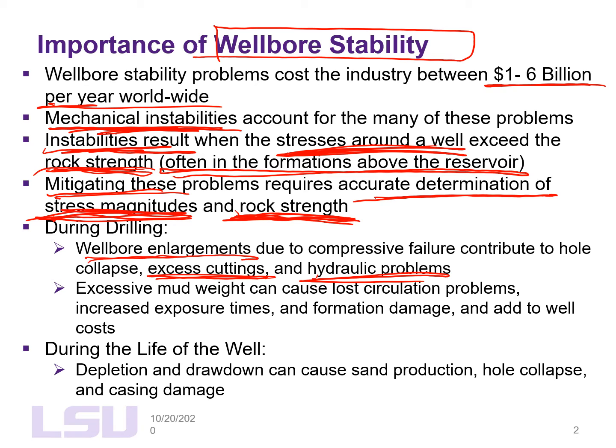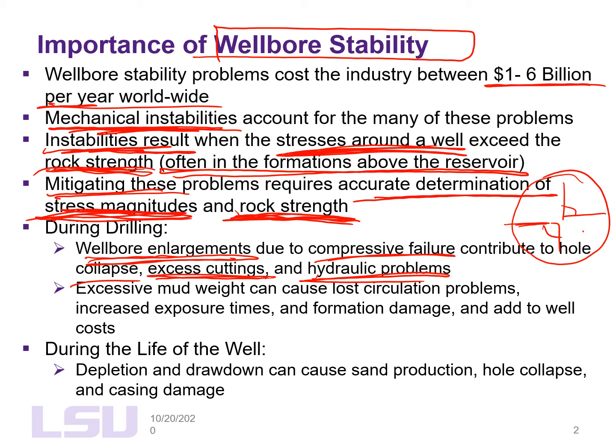During drilling, wellbore enlargements due to compressive failure contribute to hole collapse. So if the wellbore breakout angle is so large, right, then you will have a general enlargement of the wellbore, and that could lead to serious drilling issues.